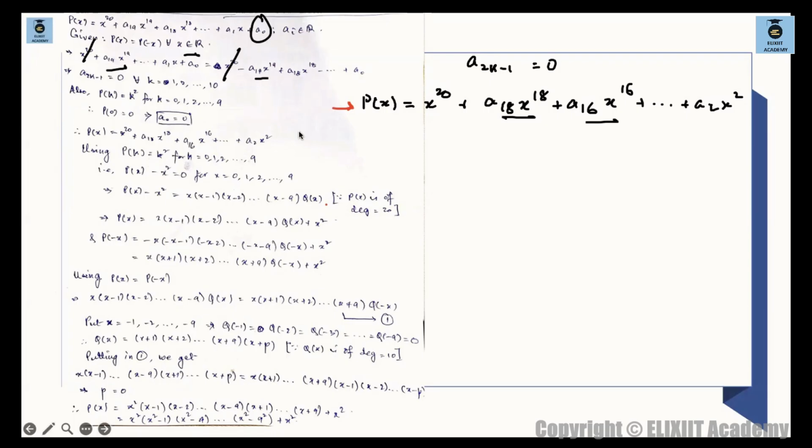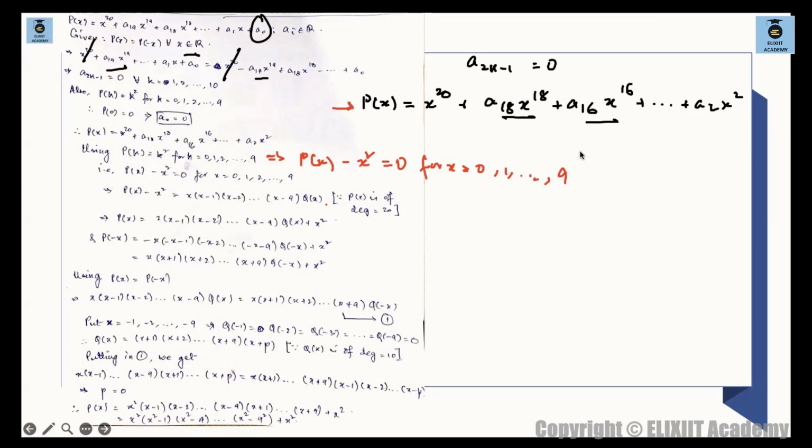You see it in this manner: Px minus x square is equal to 0. This is an equation whose roots are x equal to 0, 1, 2, 3 and so on till 9. What are we trying to do?